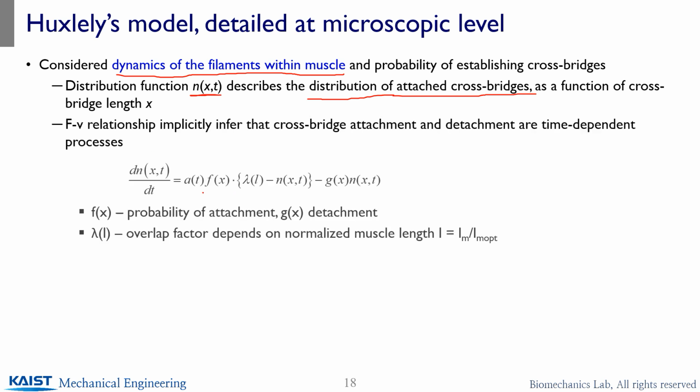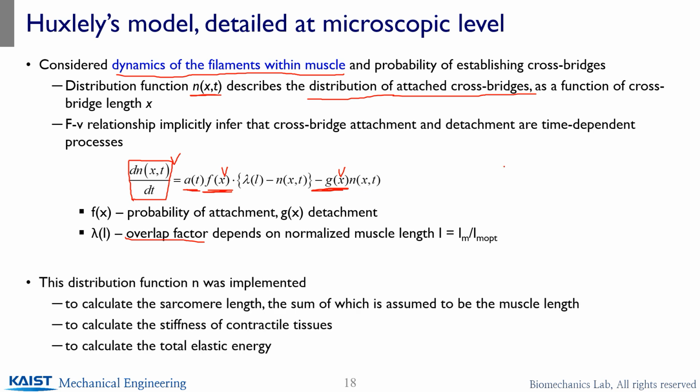Okay, so the distribution function profile has its dynamics as a function of the activation function, and it's not only a constant, it also has a function for the probability of attachment and the probability of detachment. Those probability and distribution functions formulate the time-varying dynamics, and that should be included to describe in more detail how real muscle generates forces. There is also a function of overlap factors of the cross bridges.